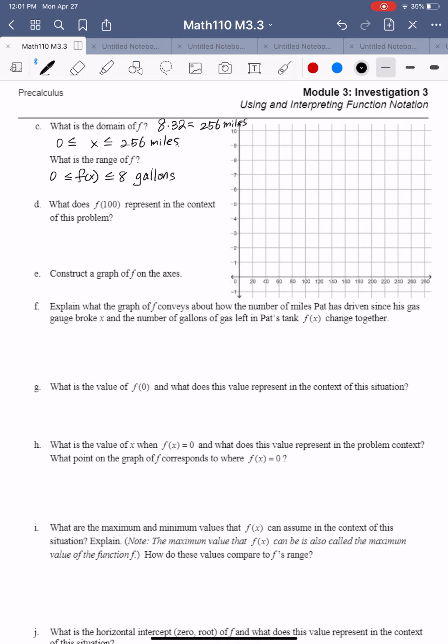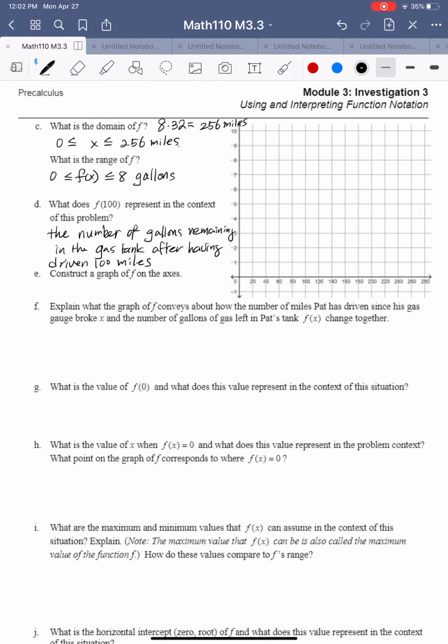And then what does f of 100 represent? It represents the number of gallons remaining in the tank after having driven for 100 miles.